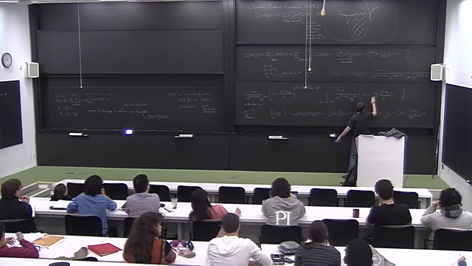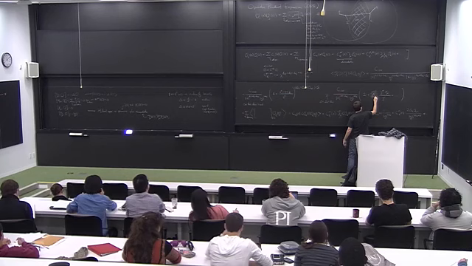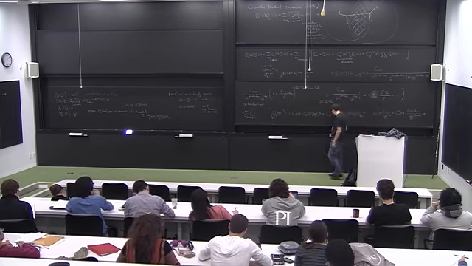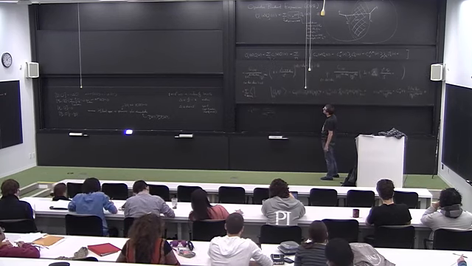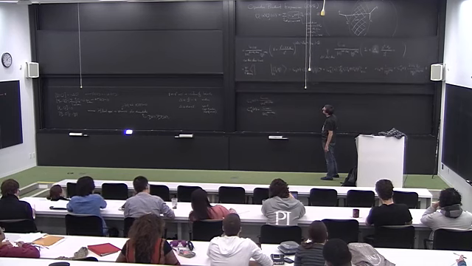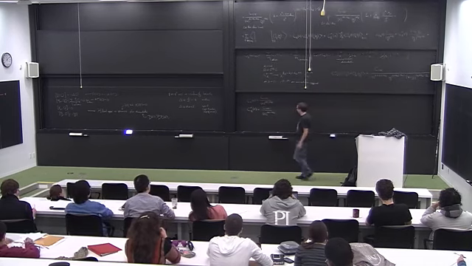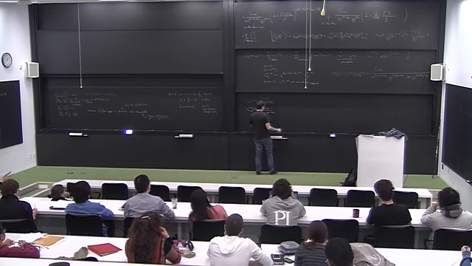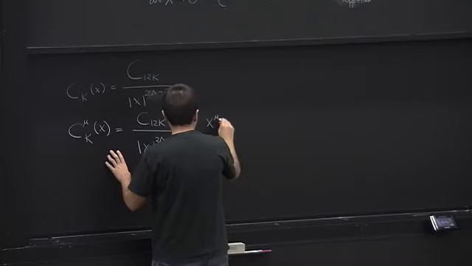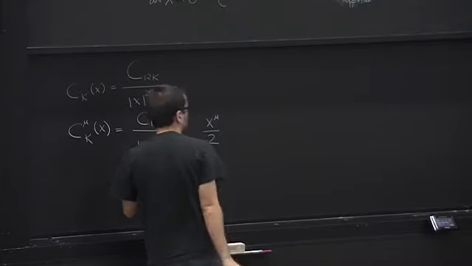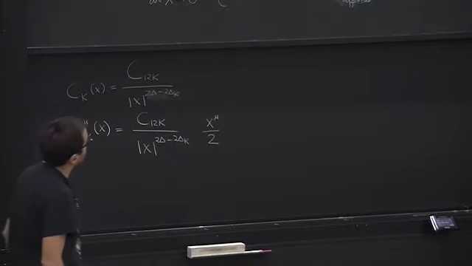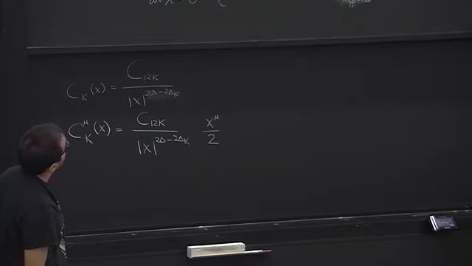There should be no over 2 here. So then this gives just times x^μ over 2. Is it okay now? Yeah.